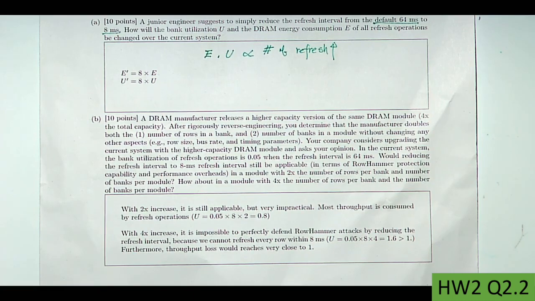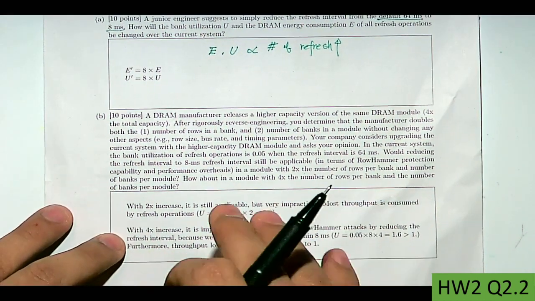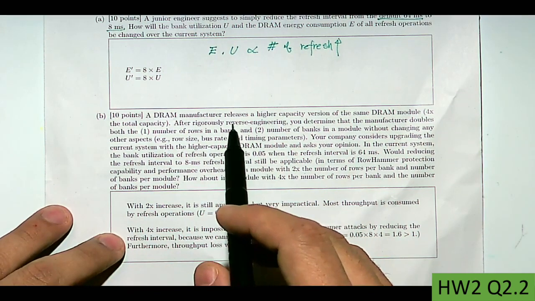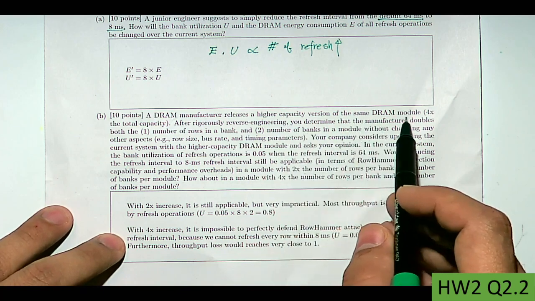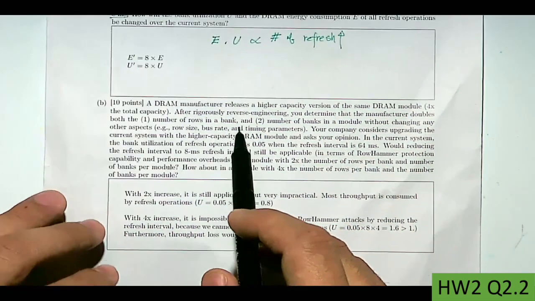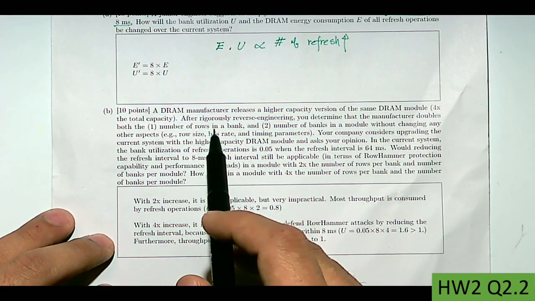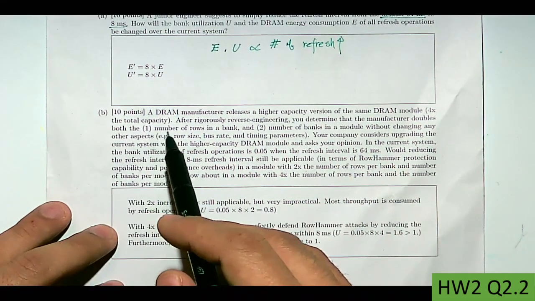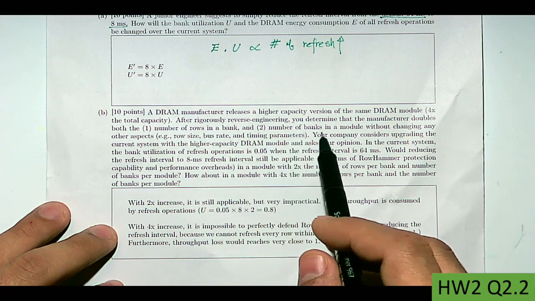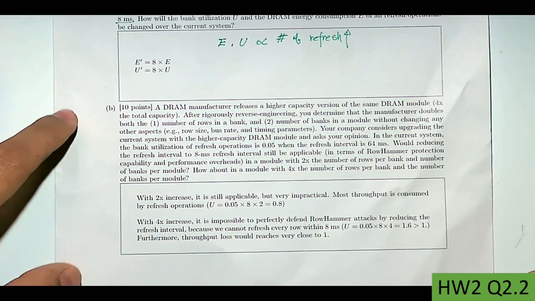Fortunately, the recent DRAM manufacturer successfully released a higher capacity version of the same DRAM module. And you figured out, with rigorous reverse engineering, that they only doubled the number of rows in a bank and the number of banks in a module without changing any other aspects.